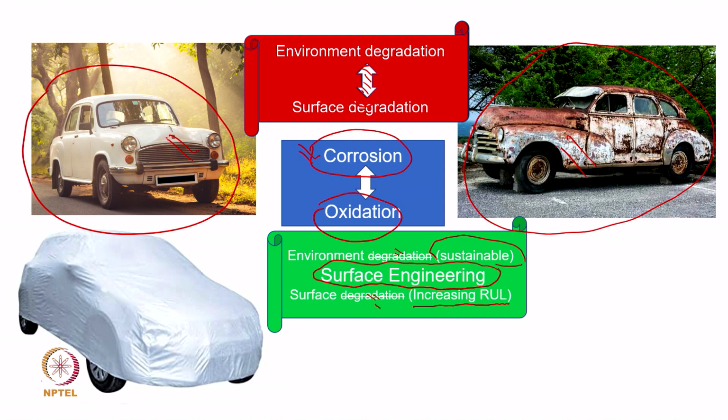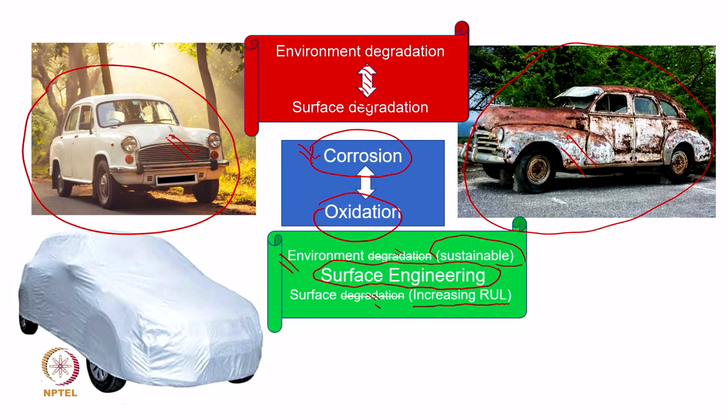That means the environment also is not going to get degraded because of our products. Whatever products we were already discarding in 2, 3, or 4 years, we can reuse or recondition, or apply surface engineering in a very effective manner, enhance the life of the product, and protect the complete environment. So, I can see that surface engineering can provide a sustainable solution to the products and to the environment.